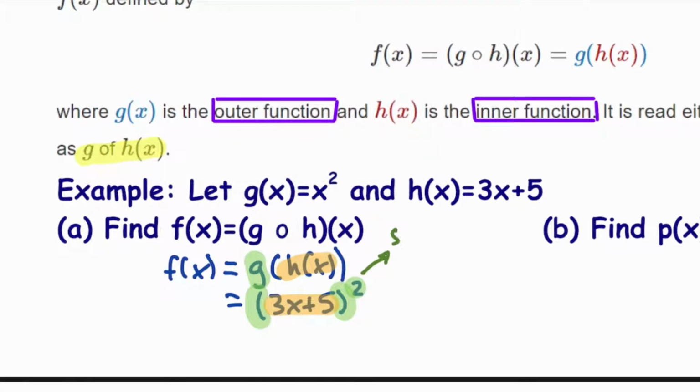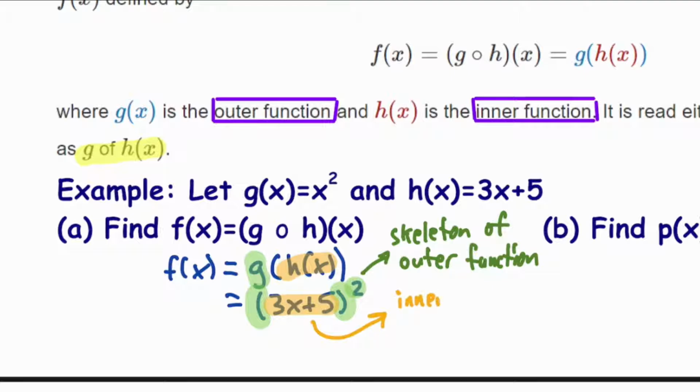So green is the skeleton of the outer function, and our orange inner function is the input of our outer function. And we've already demonstrated that with our function machine diagrams up at the top of our page as well.